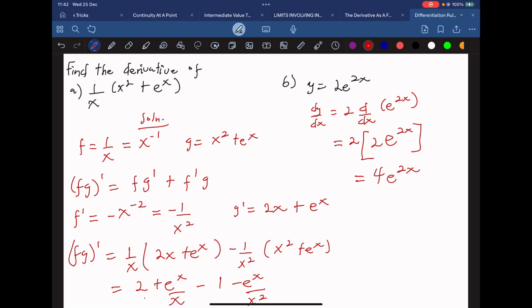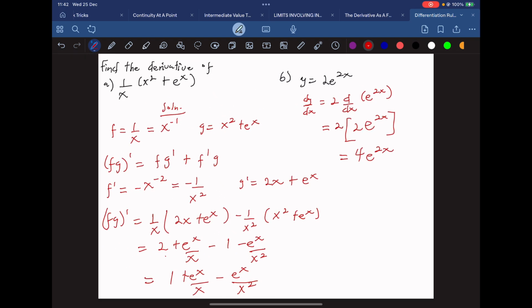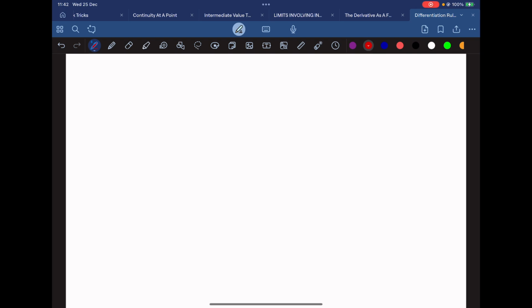Now, since we've gotten to know the product rule, let's move on to the quotient rule. So the quotient rule basically has to do with fractions. So let's say we have two functions that are differentiable, that is our f of x and our g of x.